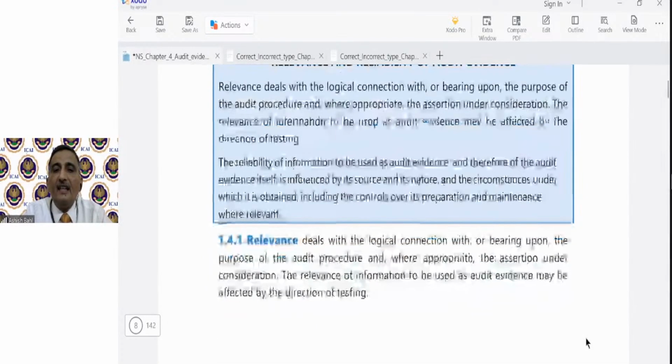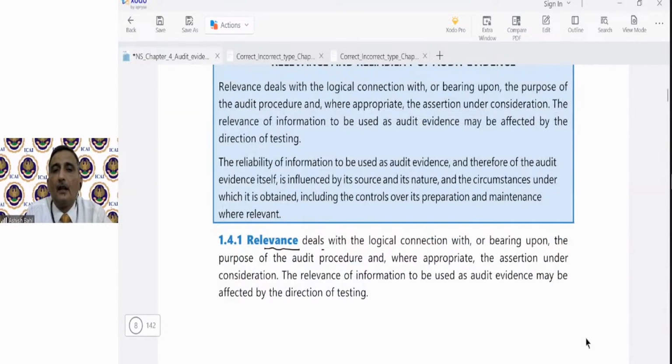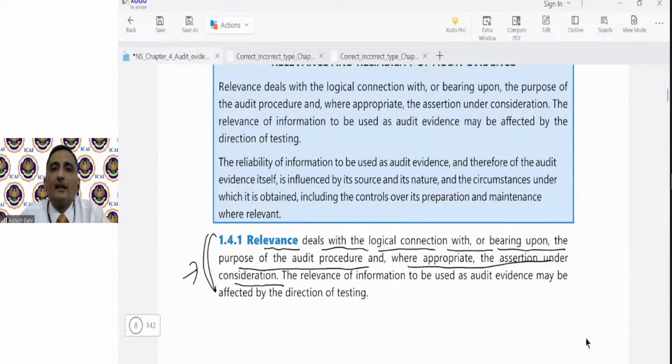Relevance deals with logical connection, or bearing upon the purpose of audit procedure and where appropriate the assertion under consideration. So this is what I was telling you, that the audit evidence should be relevant in relation to the assertion being tested.